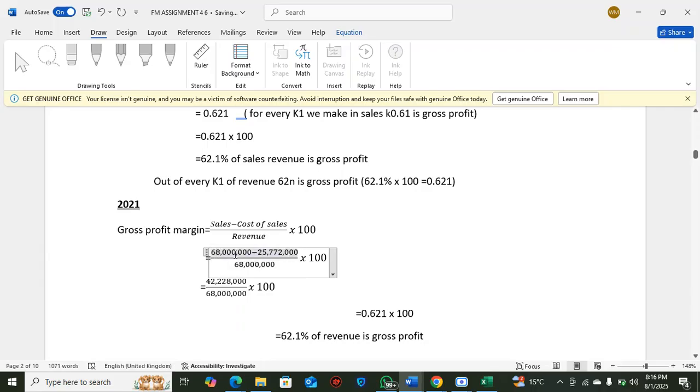When we subtract 68 million minus 25,772,000, we get 42,228,000, divided by 68 million. We also get 0.621 again. Let's get our calculators and confirm this: 42,228 divided by 68 million.